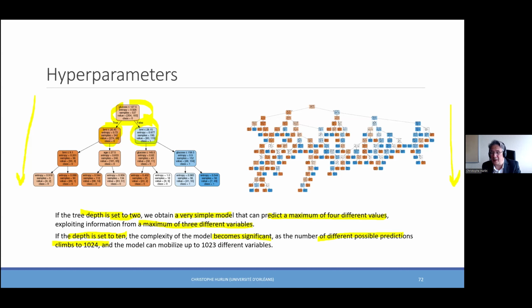And the model can consider, this is not always the case, but this is the maximum, 1023 different variables. Just by controlling the size of the tree, you control the complexity, the number of variables, the number of parameters that have been estimated, etc.